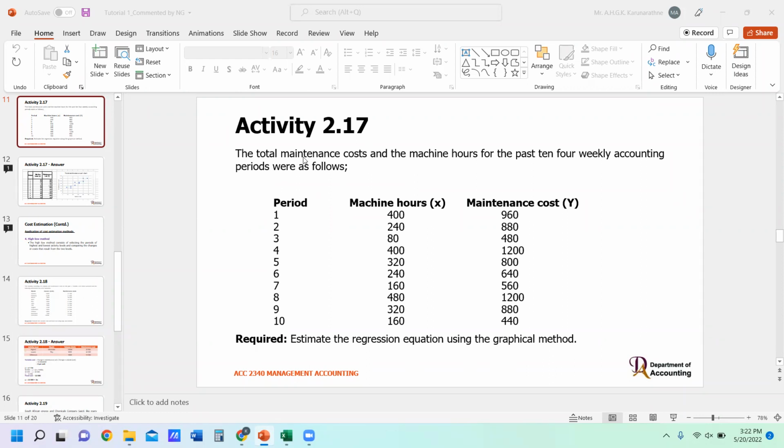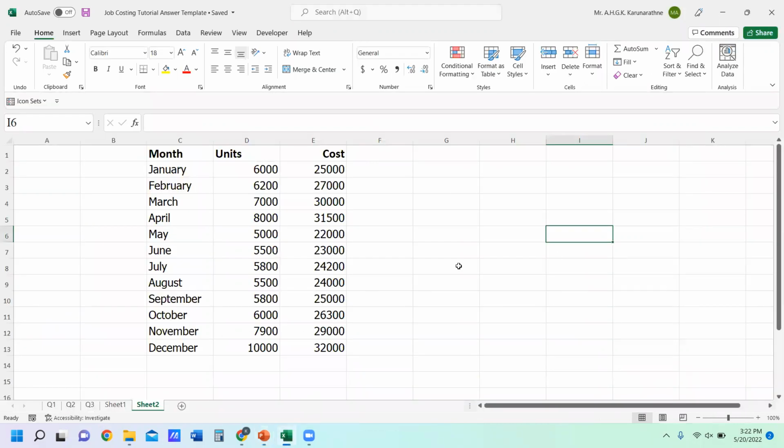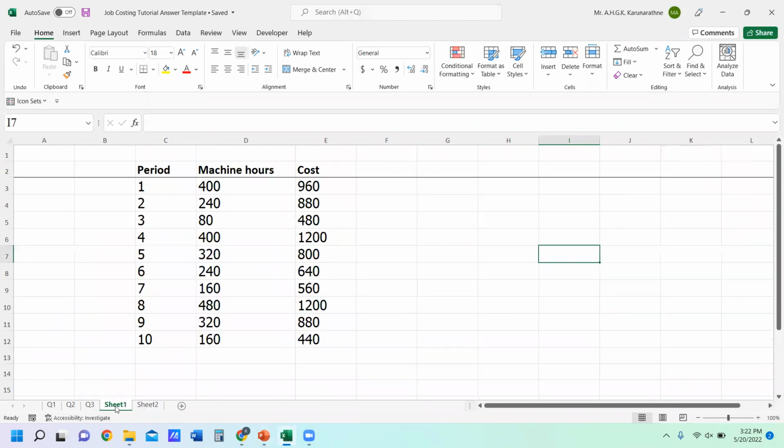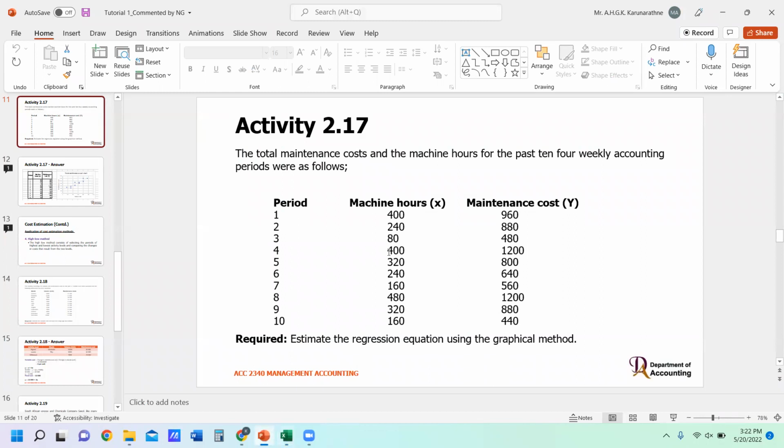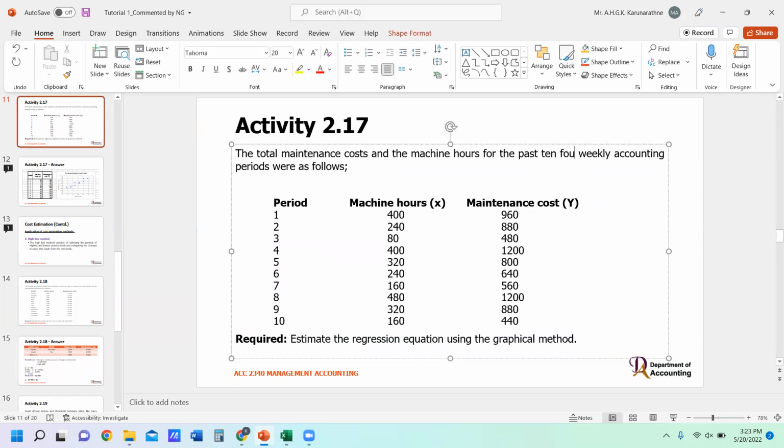So accordingly, we'll have a look at how to solve these activities quickly. Activity number 2.17. I took this information to Excel. So this is the information, and let's have a look at the requirements. Total maintenance cost and the machine hours for the past 10 weekly accounting periods are as follows.